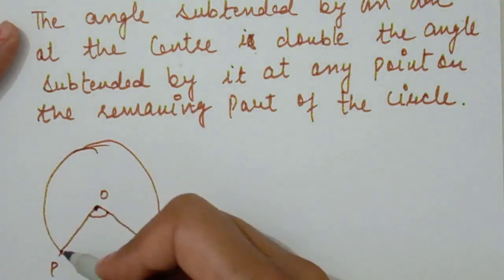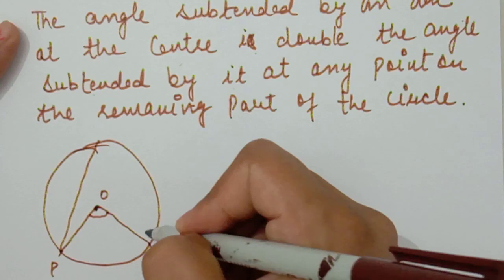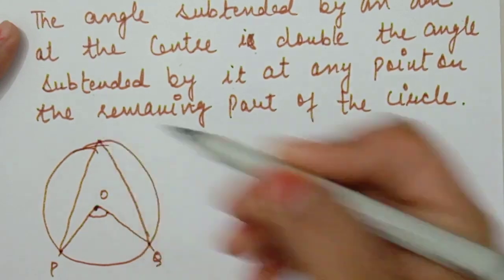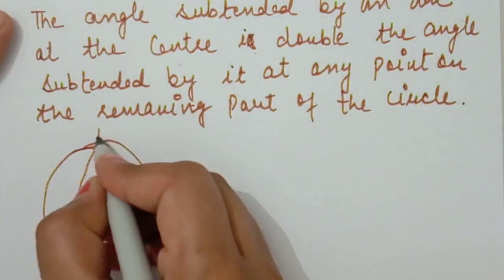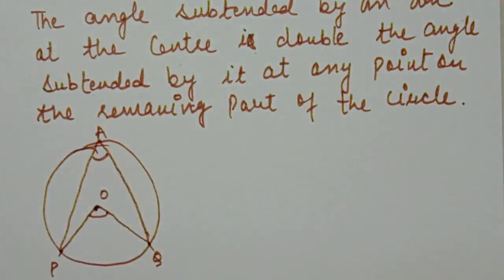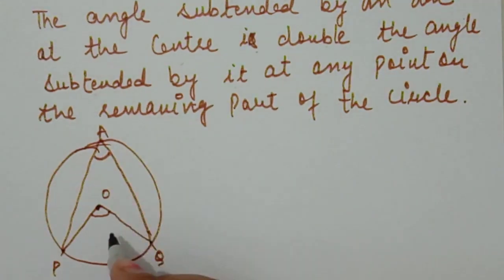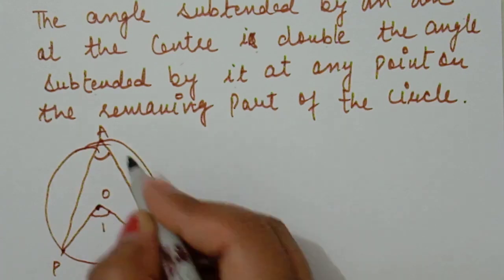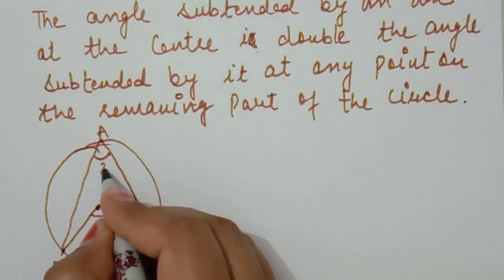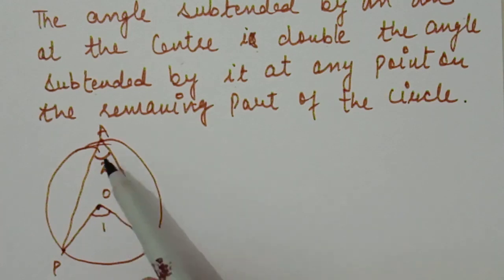And another angle made by the same arc at the remaining part of the circle is angle A. We have to prove that the angle made by the arc at the center, angle 1, is double the angle made at the remaining part of the circumference, angle 2.